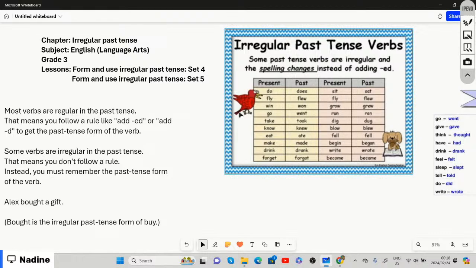What does give mean? Give and gave. Give is the present tense and gave is the past tense form of the verb.